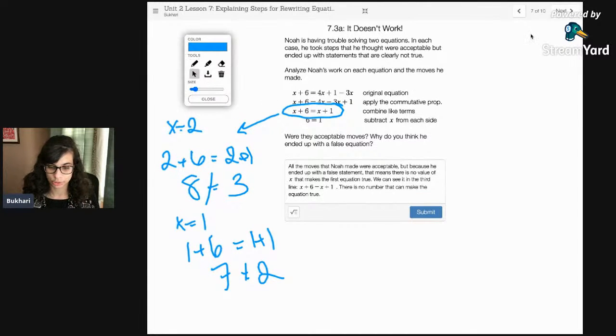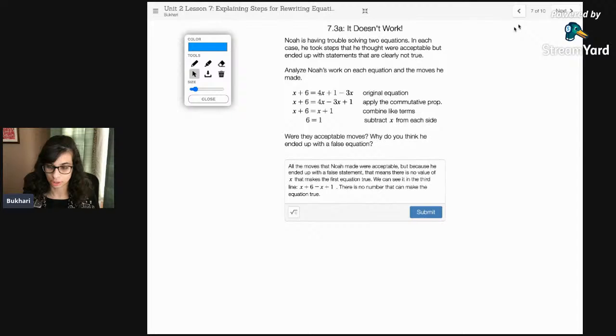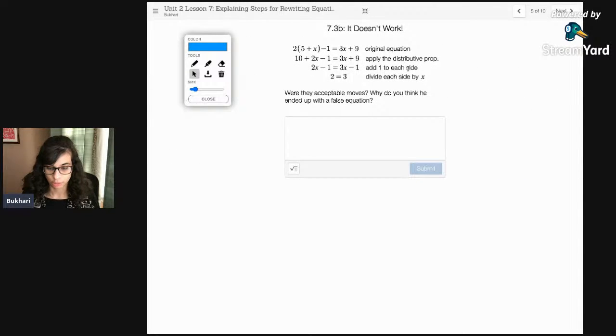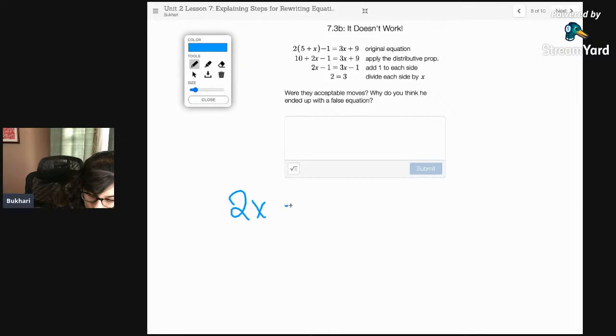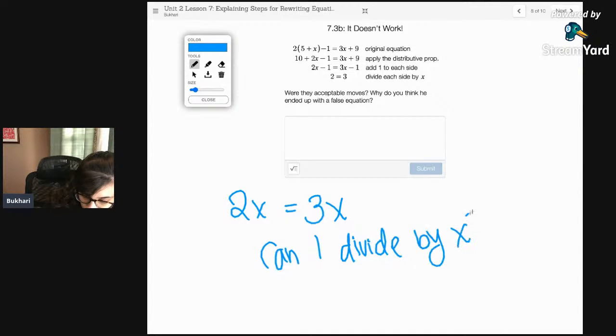I will leave 7.3b for you, but take a look at each of the steps. What are they doing? One thing you want to keep in mind as well is what happens at the end here. If I have 2x equal to 3x, can I divide by x?